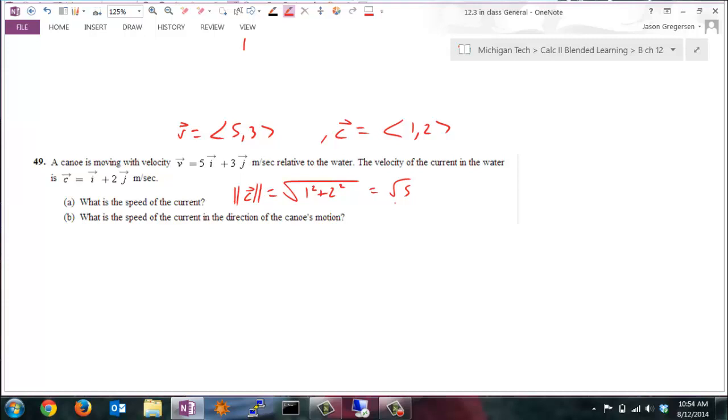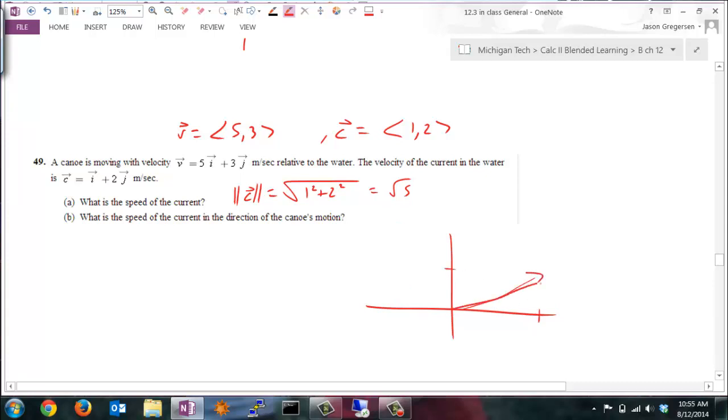I want to know how much of the current speed is actually pushing me along in the river. So we got 5, 3 here. That's my canoe, but my current is like this. How much of the speed is in the direction of the canoe? I got to find this vector and find the speed of this vector. So I got to calculate the magnitude of the projection of C onto V.